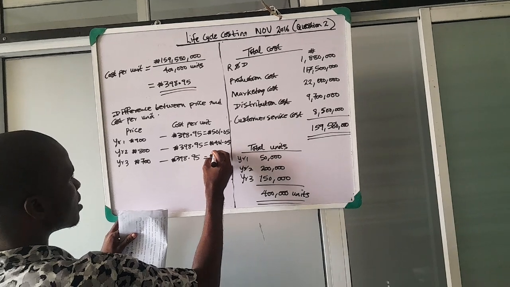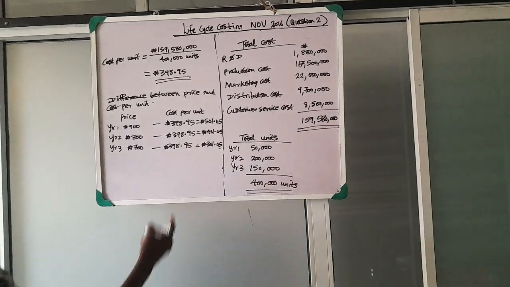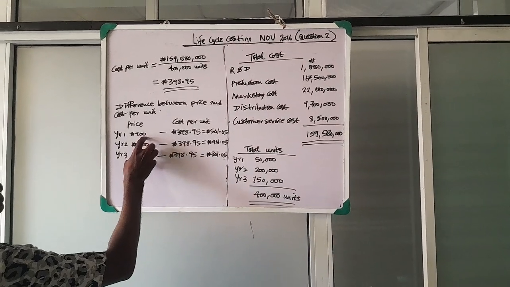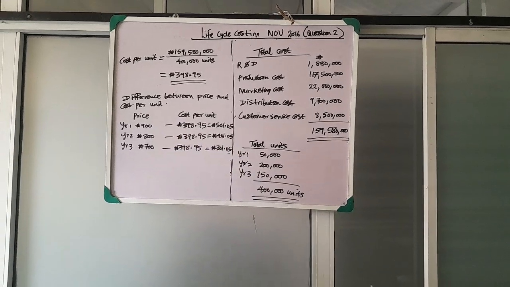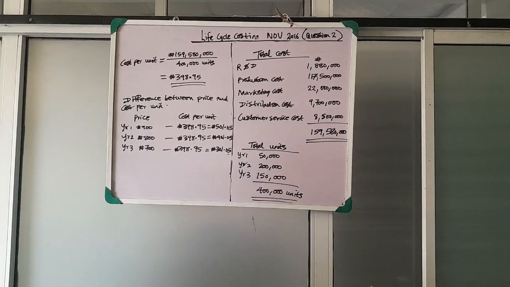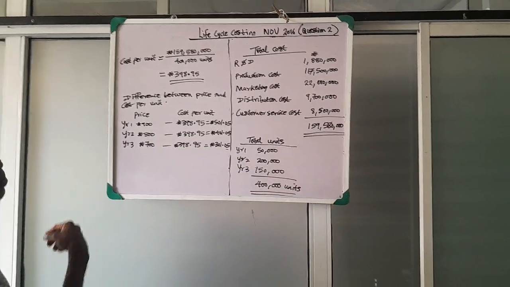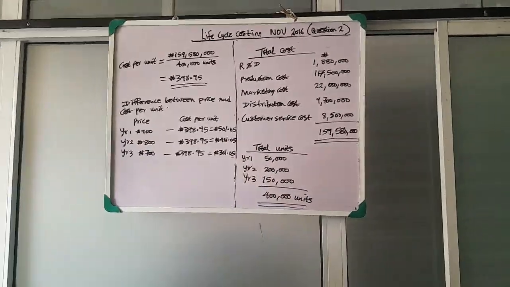And the third one is 301.05. So based on this, you can see for each of the years, the sales price or price per unit is higher than the cost per unit, making it appropriate. Because at all points, we'll be looking to make good contribution or profit from any product we sell.